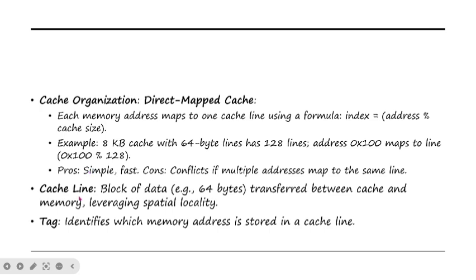And then we move on to the cache line. The cache line is fixed size chunks of data, a block of data, for example 64 bytes, transferred between cache and memory, leveraging spatial locality.